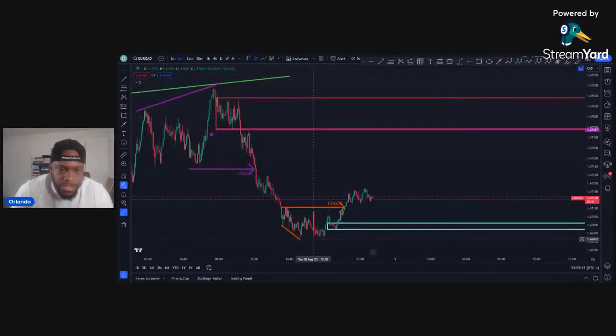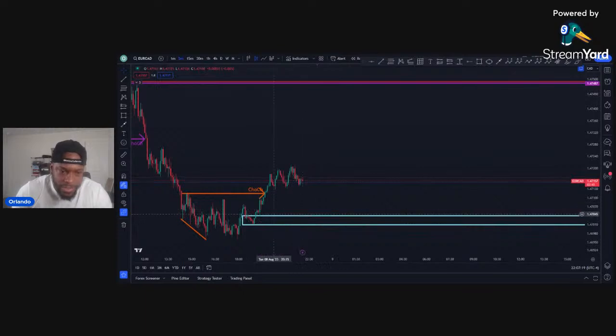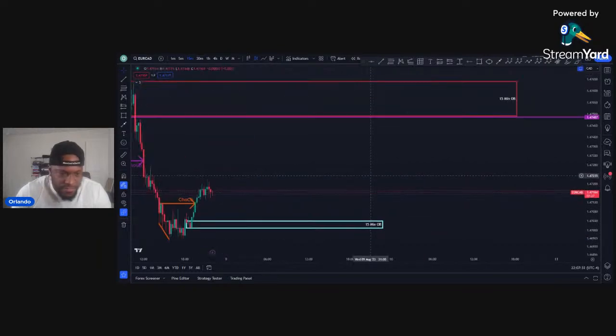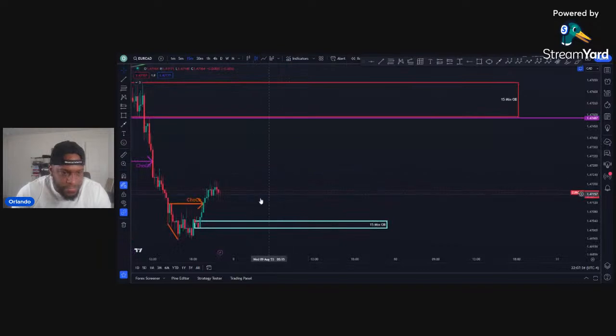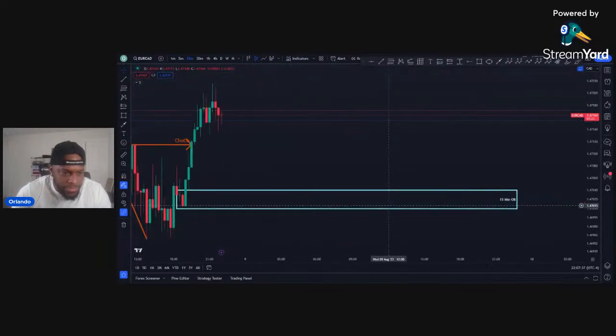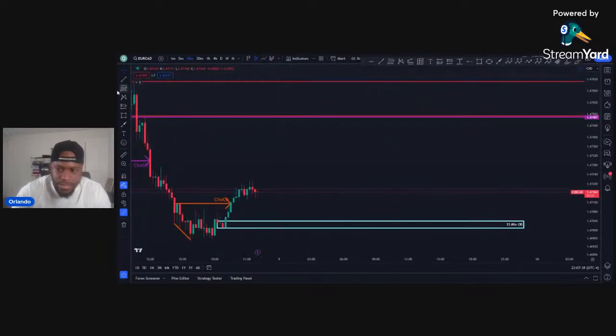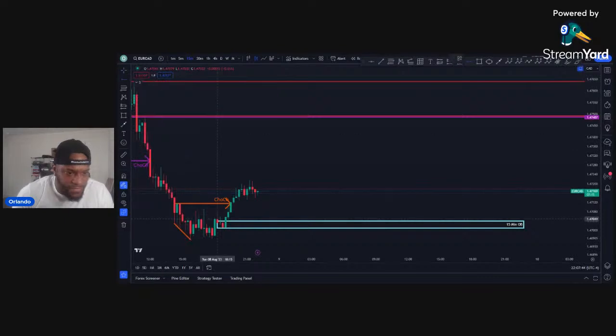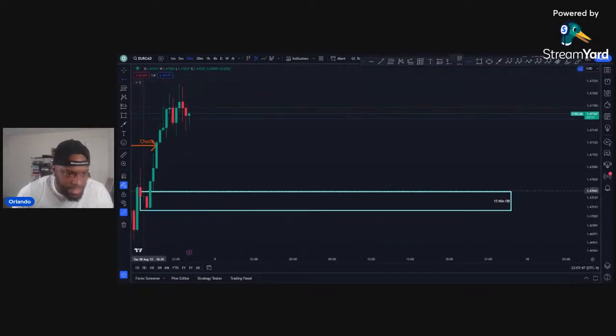Okay. So the thing about it is this, we could possibly catch a buy entry from this area in order to take it up if price wants to do that, because this is simply a POI right here because price changed character. Okay. And so what we'll simply do is, let's see, I have this marked on the 15-minute time frame. All right. So we'll simply put this on the 15 and say, hey, we're going to mark this as a 15-minute POI because this is the imbalance that did it.